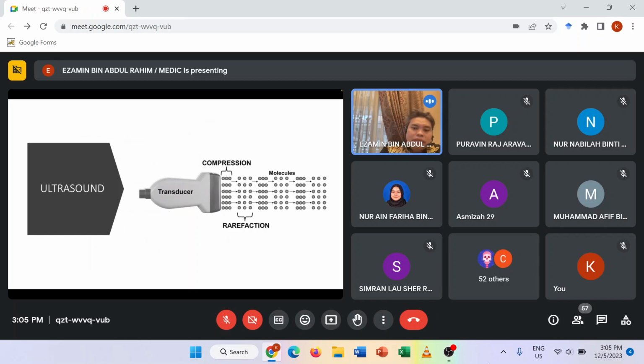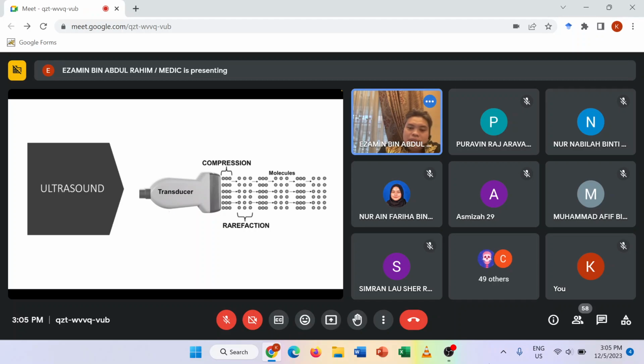And then ultrasound is different. Ultrasound, as the name suggests, uses sound waves. The frequency we normally use is around 12 megahertz.